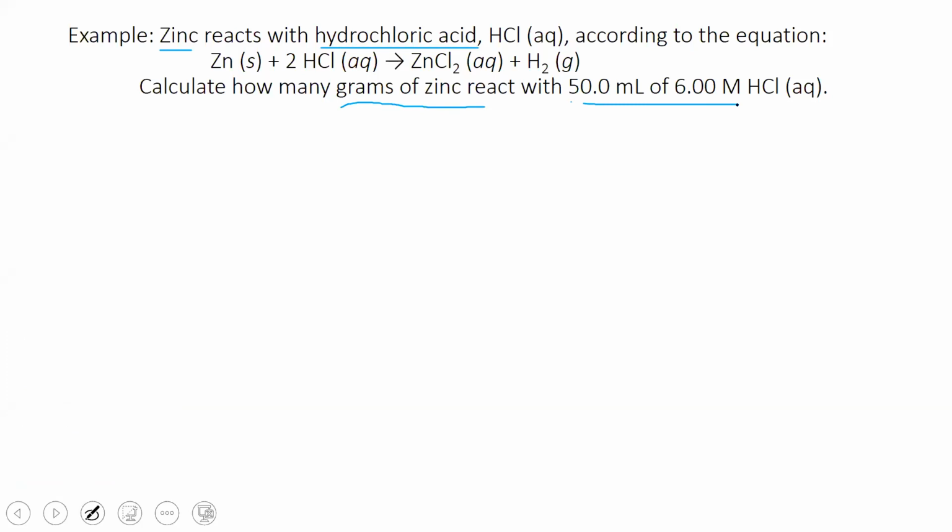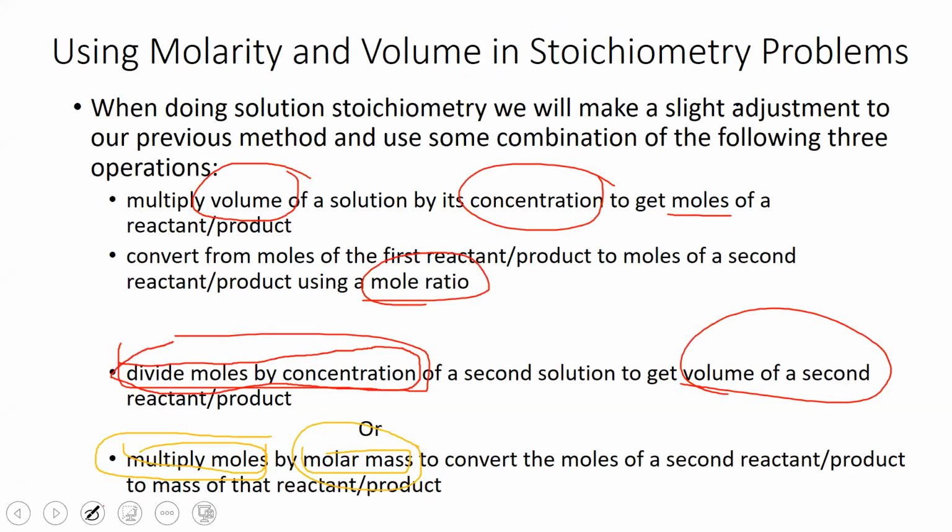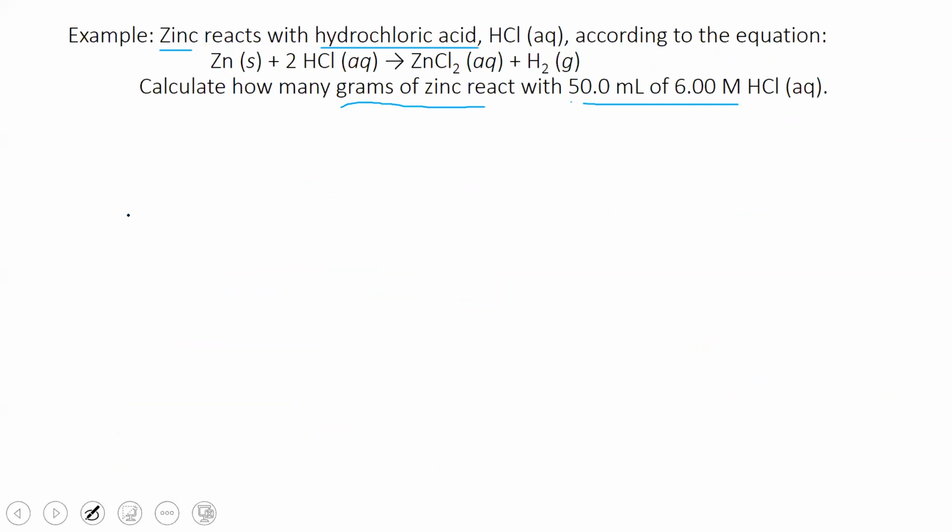You start with what you have, just like the previous slide: multiplying the volume of a solution by its concentration. We convert the 50 milliliters to liters, so 0.0500 liters, because molarity is in terms of moles per liter.